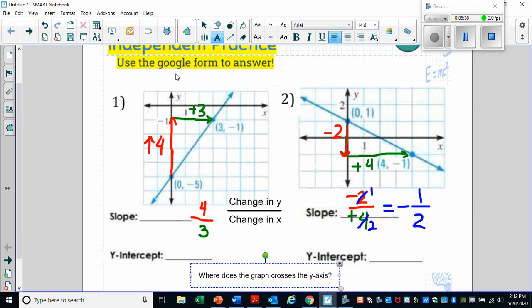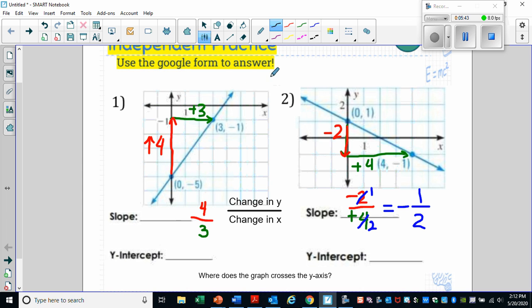If we look at our first problem, our y-axis, that's the one that goes up and down. We see that our graph crosses the y-axis at the point (0, -5). So our y-intercept is (0, -5).